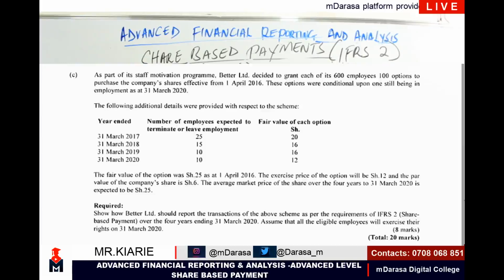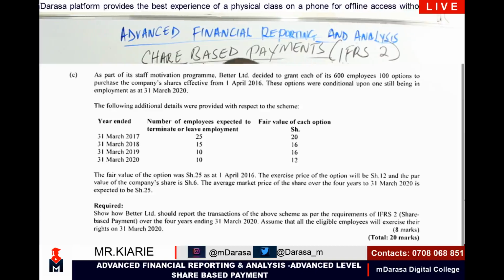of its 600 employees 100 options to purchase the company's shares effective from 1st of April 2016. These options were conditional upon one still being in employment as at 31st March 2020. The following additional details are provided with respect to the scheme: year, number of employees expected to leave, and fair value of each option. The fair value of the options was 25 as at 1st April 2016.